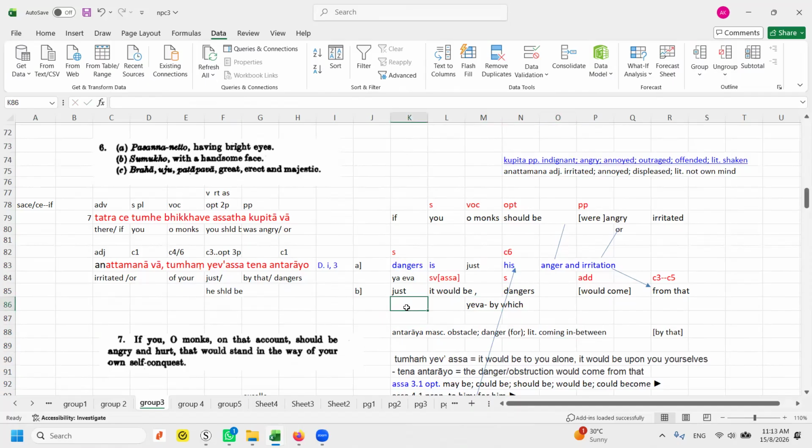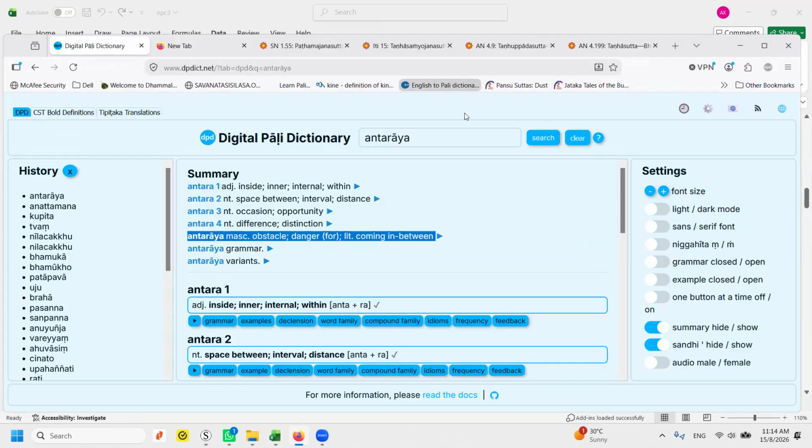The danger by which. This is danger, antarayo. Danger by which. Answer: if you're not sure, you see the word answer here, so we go back to the answer to look at exactly what it is.